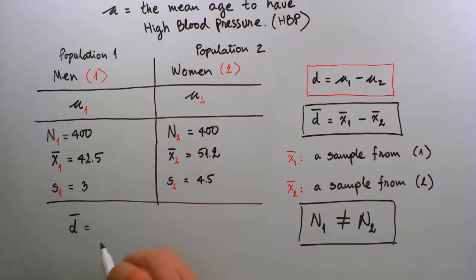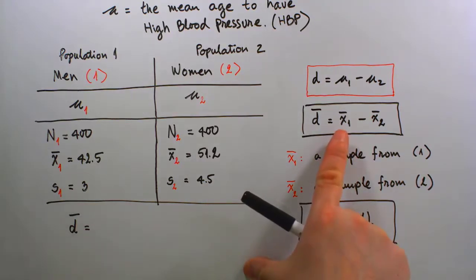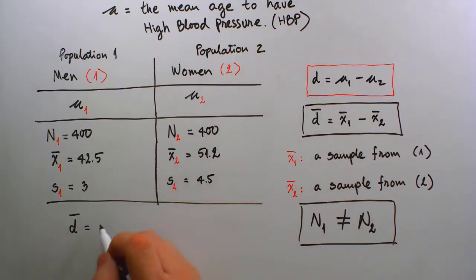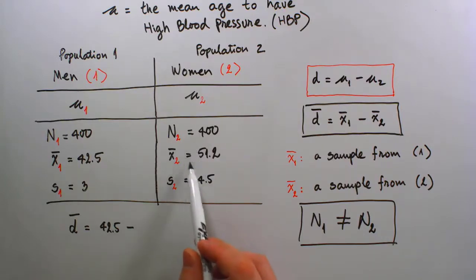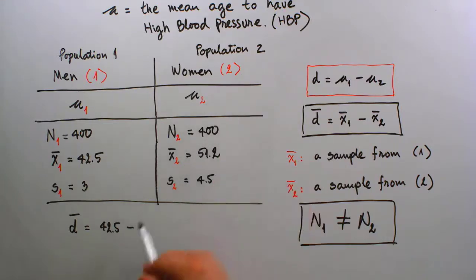And so in this way, how D bar is defined, I'm going to take the sample mean value that I currently have from population 1, which is 42.5, and take the difference with the sample mean I currently have from population 2. So that's 51.2.